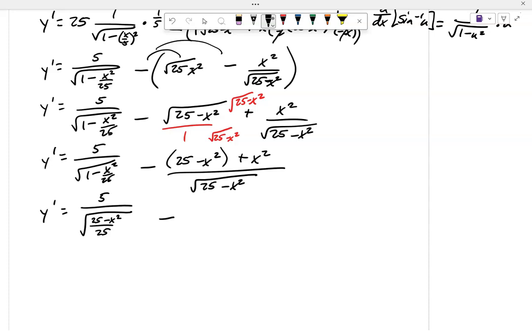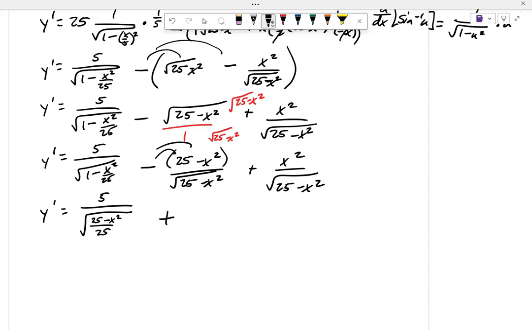Sorry, let me keep this split for a minute so you don't distribute that minus to everything there. So see how that minus will go to both of those. So I've got a negative 25 plus x squared all over the square root of 25 minus x squared.